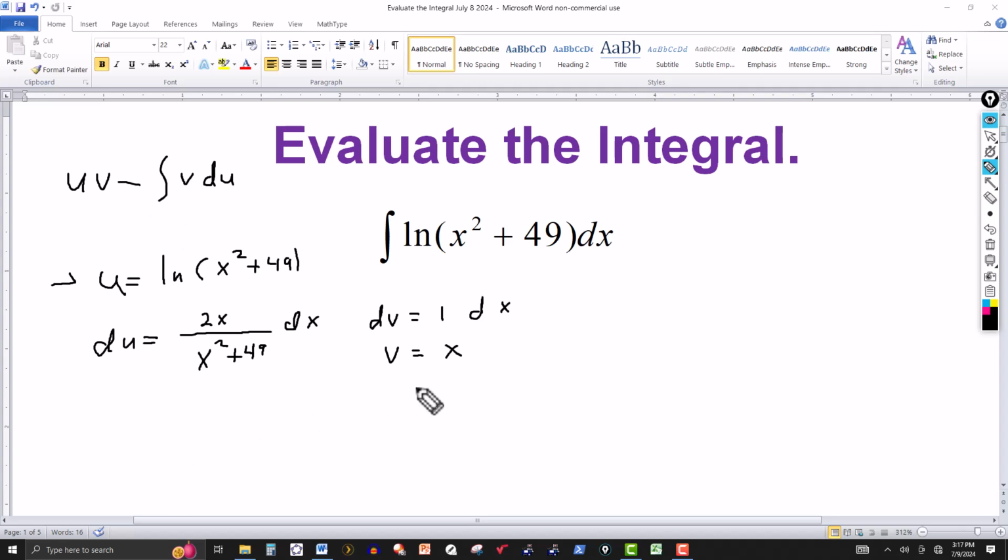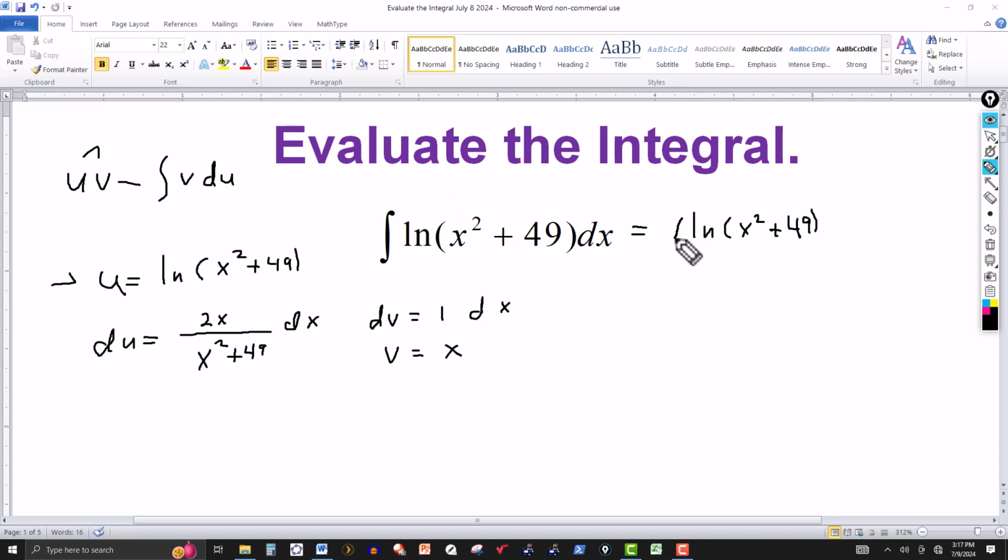And now we're set here. So we'll say this is equal to u, which is this expression here, ln of x squared plus 49. And that times v. I'll put the v out in front. That's x.